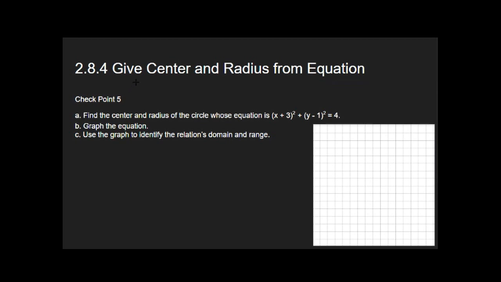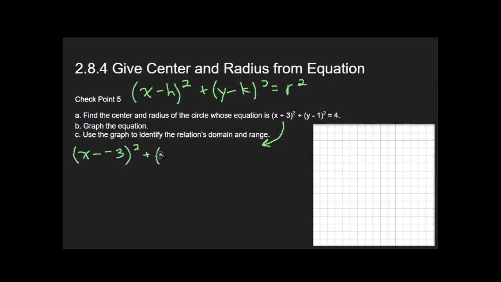So let's go ahead, and I will rewrite our formula here. (x - h)² + (y - k)² = r². Okay, so we're going to convert this given equation into that format. So x minus, to get that to be a minus, we have to change positive 3 to -3, squared, plus (y - 1)² is already in that format, is equal to 4, which is equal to 2².